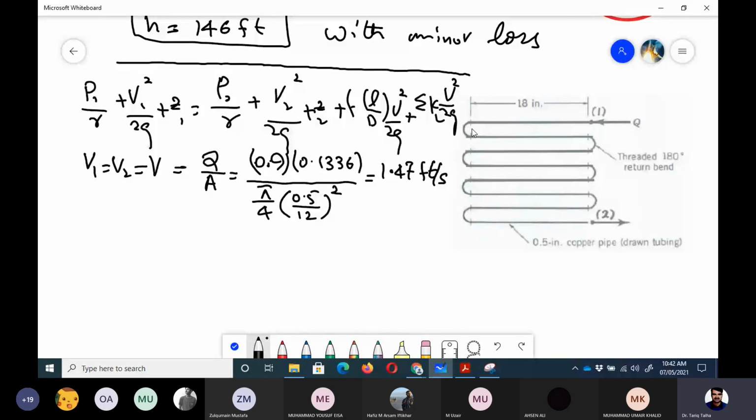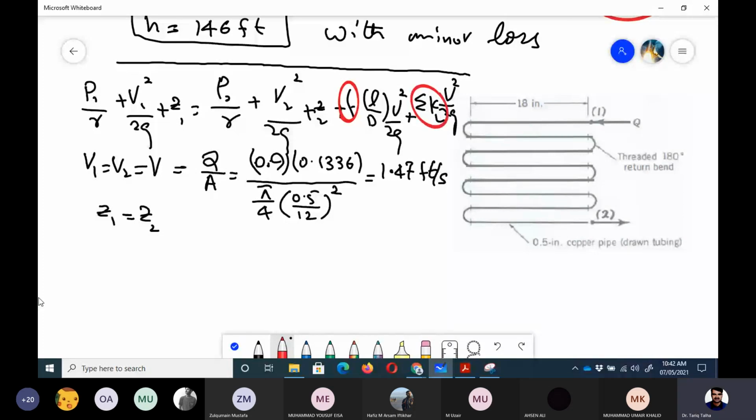If we look from the front side, it looks like there is an elevation difference, but if we consider it a top view, it is most likely that this figure is taken from the top. So Z1 is equal to Z2, and then we need to calculate the friction factor, and we also need to calculate K_L.